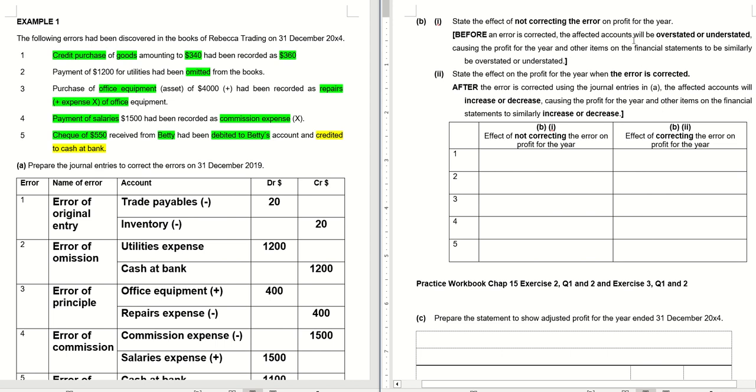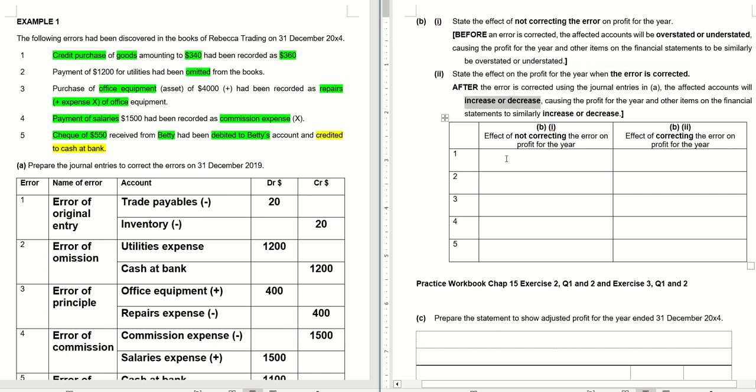As you already know, if you don't correct the error, you have made a mistake. When you make a mistake, you should use the words overstate or understate. On the other hand, in B part 2, when you correct the error, you are correcting the mistake. There is no mistake being made now, so we will use the word increase or decrease.